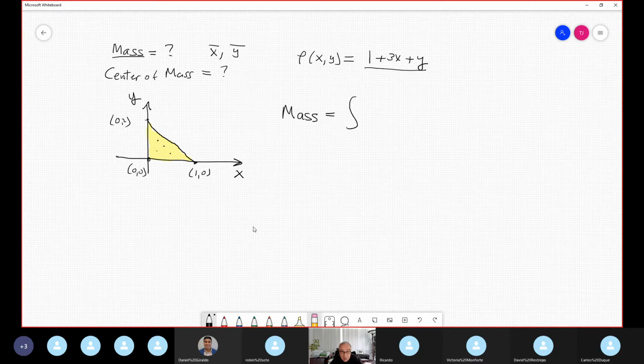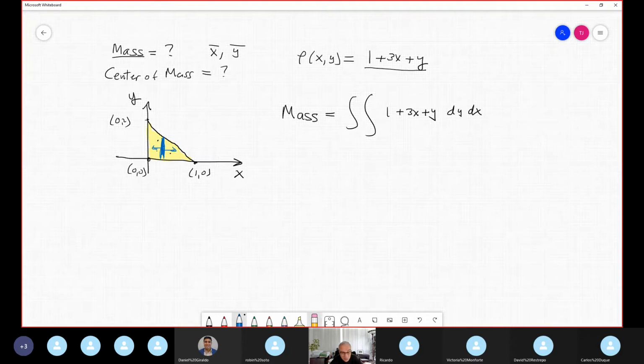In order to find the mass, you set up the double integral, because it's a two-dimensional problem, of the integrand function, which is the density, dy dx. I like this orientation so much. So integration first like that, and extending this and this. So I need to find the equation for this line, but this is super easy because you have two points.